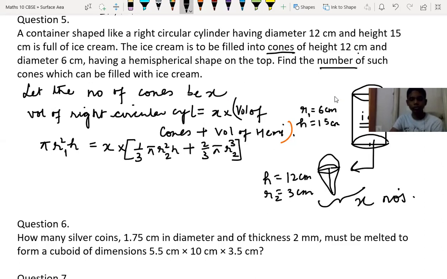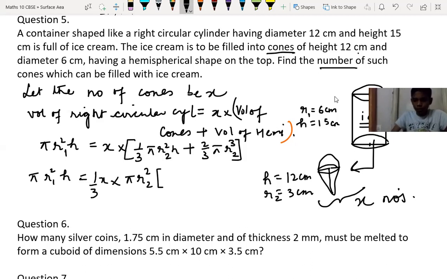So x you write as it is. Pi R1 square h is equal to x into, you can take pi r square common. In the bracket you can write h plus 2R2, and 1 by 3 you take outside.